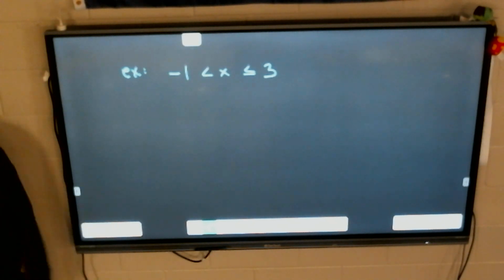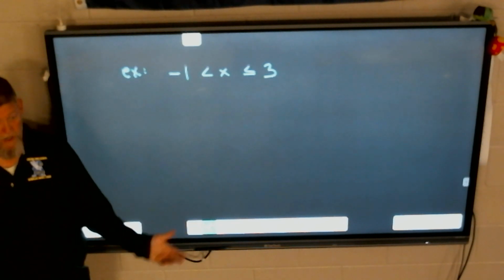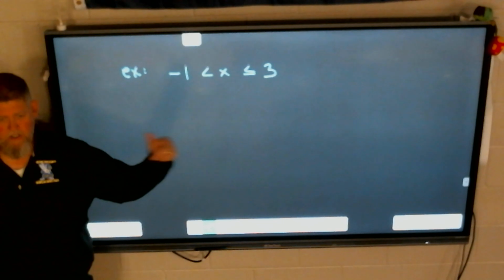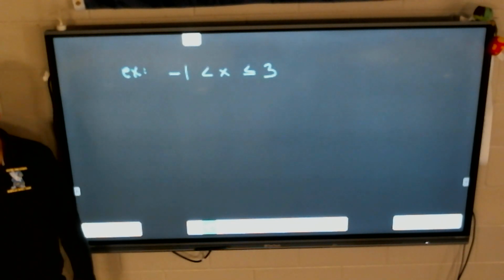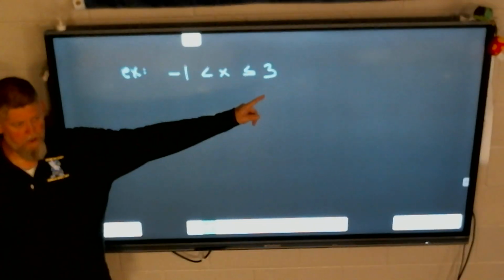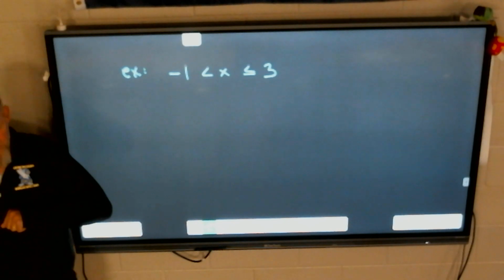Could 0 be a solution? X has to be greater than negative 1, so 0 is greater than negative 1. 0 is less than 3, so 0 is a solution. How about 3? Yes, because it could be equal to 3. Perfectly fine. How about negative 1? No. Why? Because it's open. Very good.